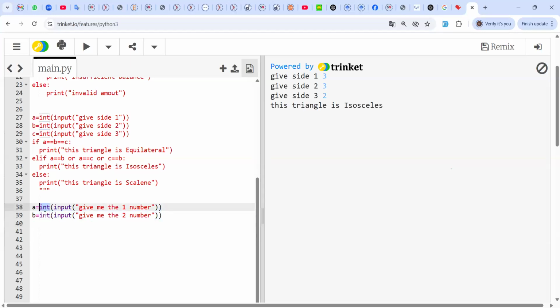A and B need to be integers in order to operate the plus or the multiplication or minus, etc. And the operator, can anyone tell me what is the operator type? Yes, it's a string. So we are going to say input, give me the operator, please.